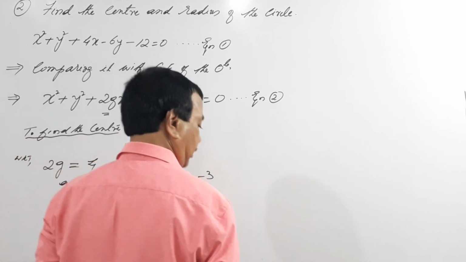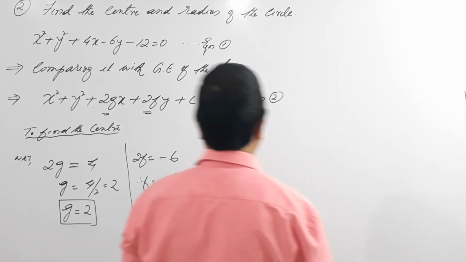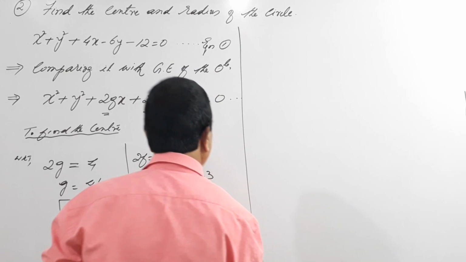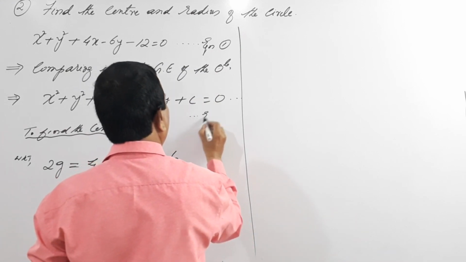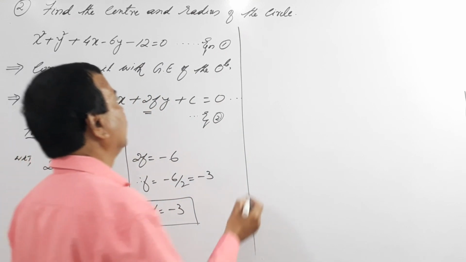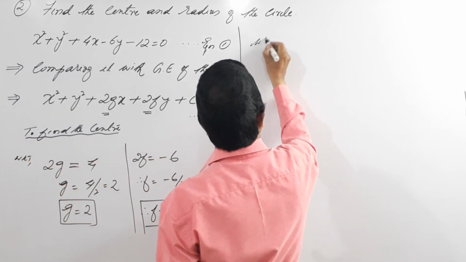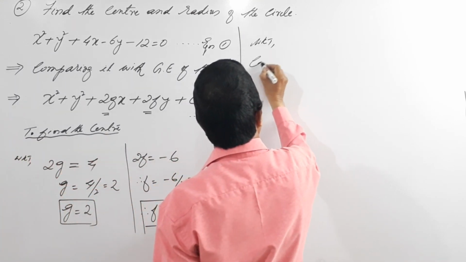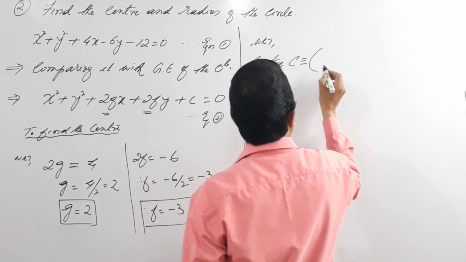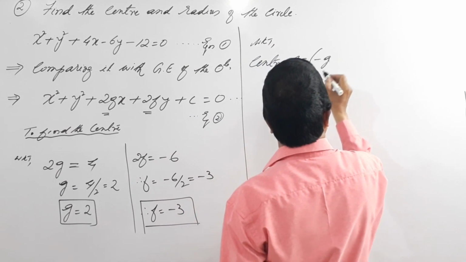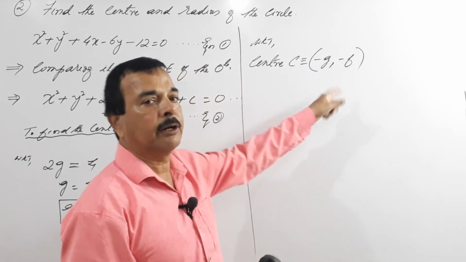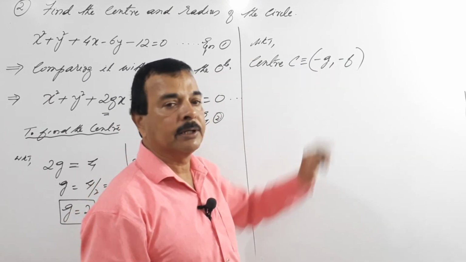Alright? This is our equation 2. Okay. So now we know that center C is given by minus g, minus f. This is the formula to find the center of a circle. Minus g, minus f.